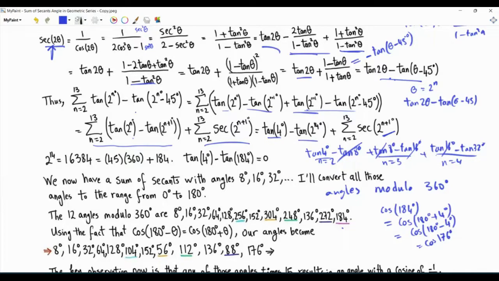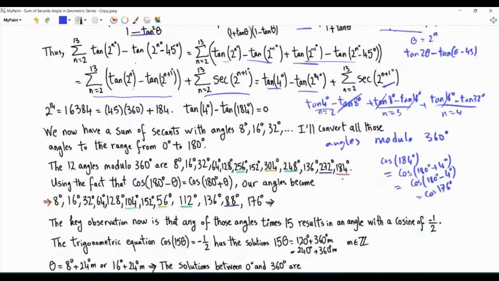So that now all those angles are in the range between 0 and 180 degrees. Again, we are doing this because by the end of the day, we are interested not in the exact values of those angles, but in the reciprocal of the cosine, the sec function.